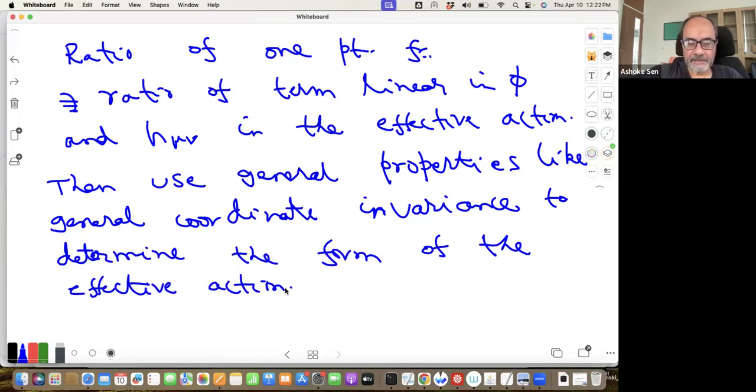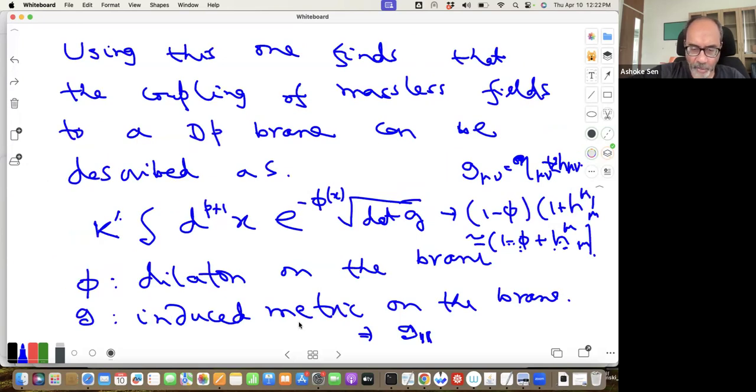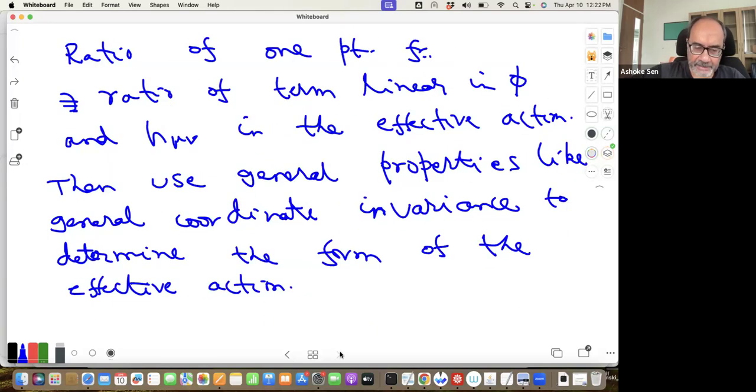Is this clear? Okay. So maybe I should have said how phi is normalized. For the normalization of phi, you have to first look at the closed string effective action, right?